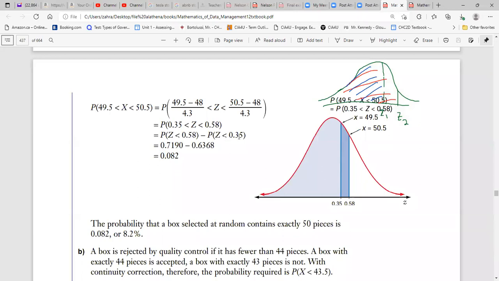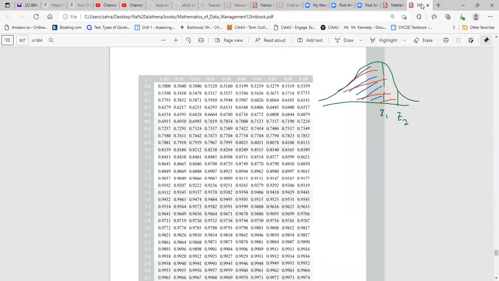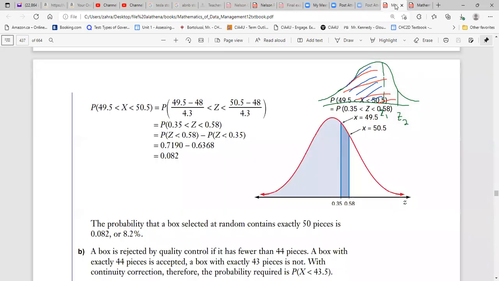And the area less than 0.35 is 0.6368. You subtract these two and it gives you 0.08. This will be the trapped area between them. So the trapped area is going to be 0.082, or 8.2%.